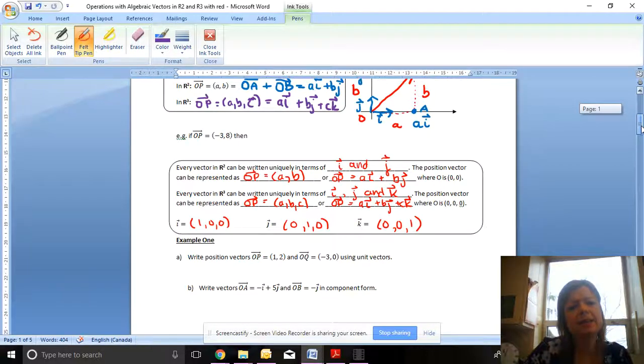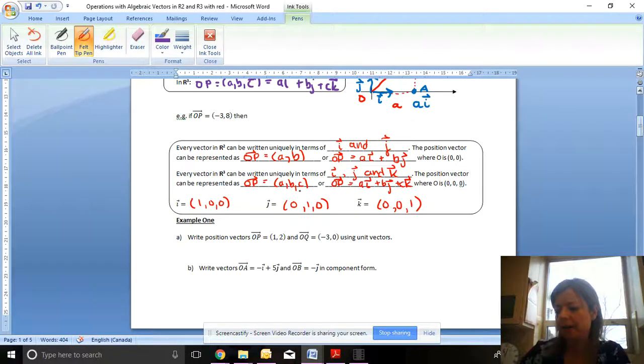For example, if you have OP equals (-3, 8), then this can also be written as minus 3 times the unit vector i plus 8 times the unit vector j.